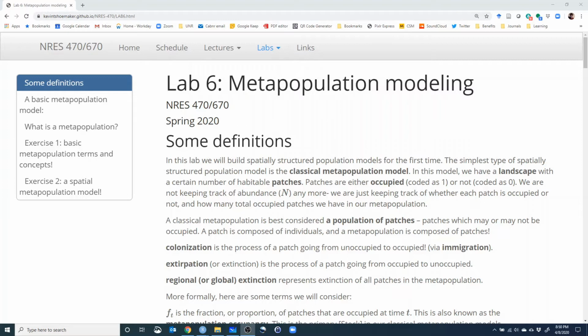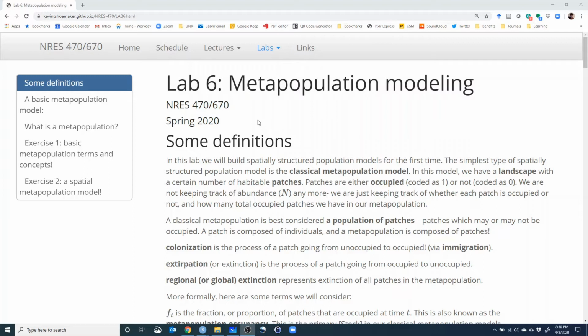All right, so let's start with some definitions. We already talked about metapopulation models, so I'm going to go pretty quickly through this, but we're going to start off with really simple models. This is the classical metapopulation model. In this framework, we're not thinking about individuals.